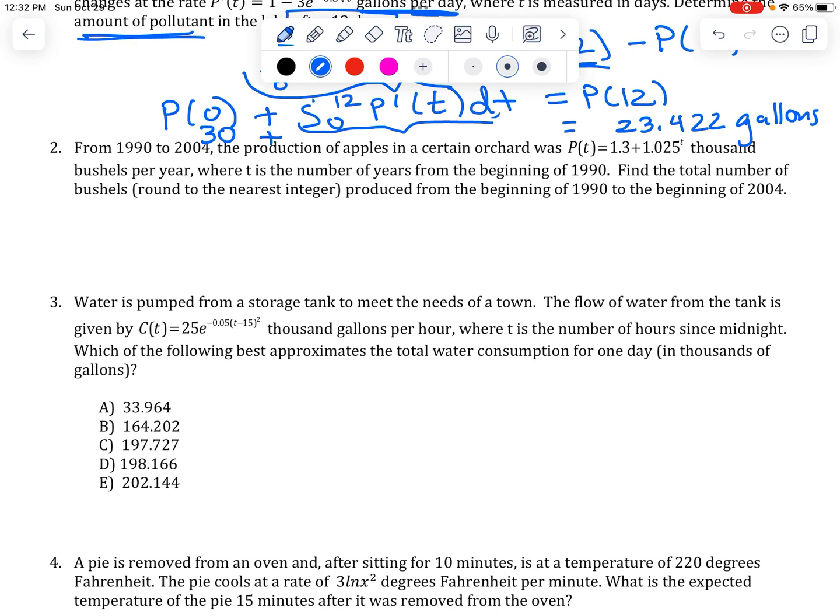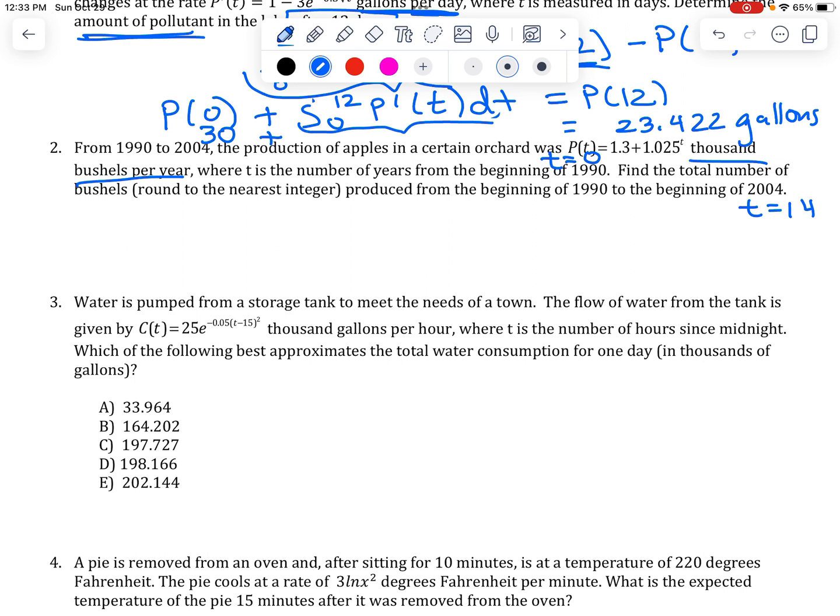From 1990 to 2004, the production of apples in a certain orchard was given by an equation labeled P of t, but notice the units are thousands of bushels per year. So it is giving you a rate. And 1990 is going to be our starting time. When we do time, we never use the actual years. Whatever time you start with, you want to count that as 0. And then 2004 will count as t equals 14.